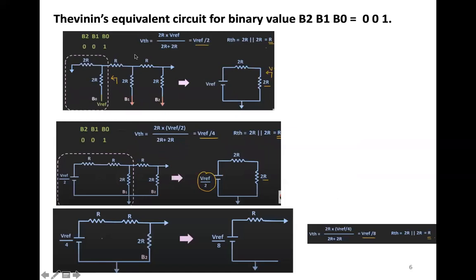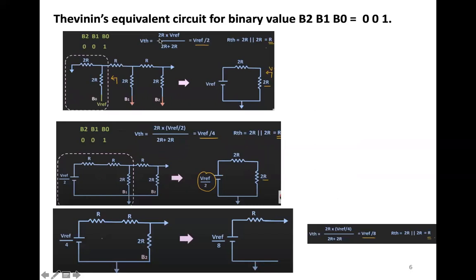We're taking the same circuit, B0, B1, B2, and I'm going to give 1 to B0. Keep in mind, students, wherever 1 is there, I'm giving V reference to that point.